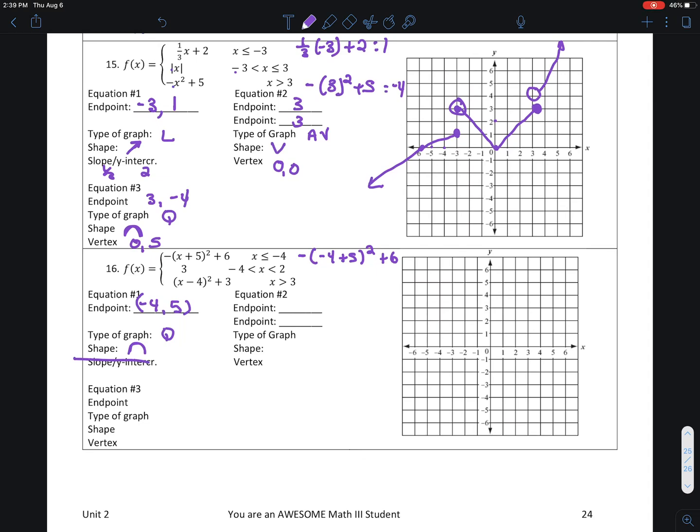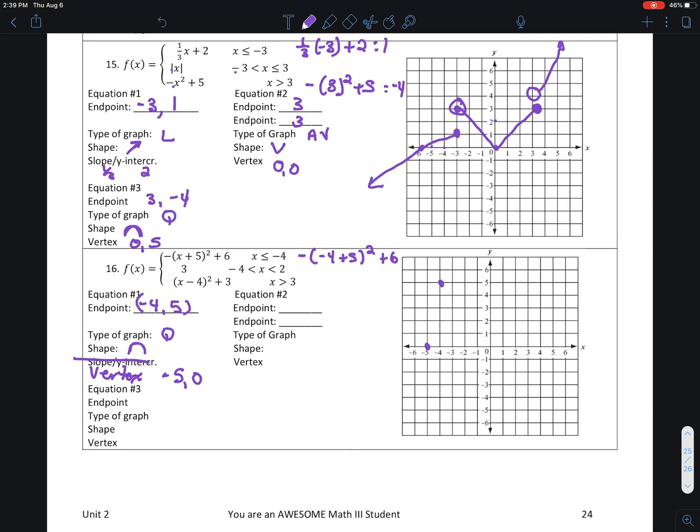And I don't know why I'm asking about slope and y-intercept, because it doesn't have one. Okay? But it does have a vertex. So I do need to know the vertex. My vertex is -5, 0. This is my vertex. I am starting at -4.